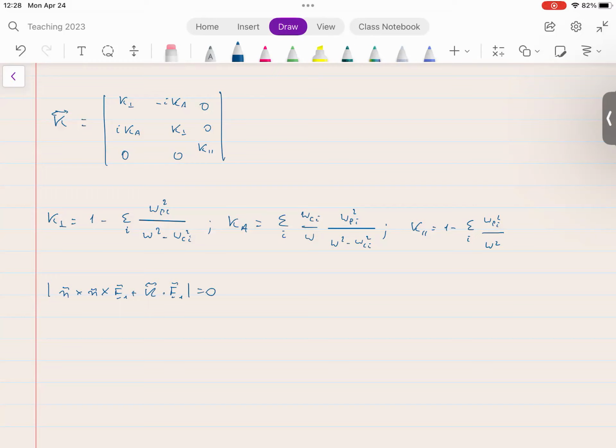Now, both n perp and n parallel are non-zero here. This mode is a combination of ordinary and extraordinary modes.